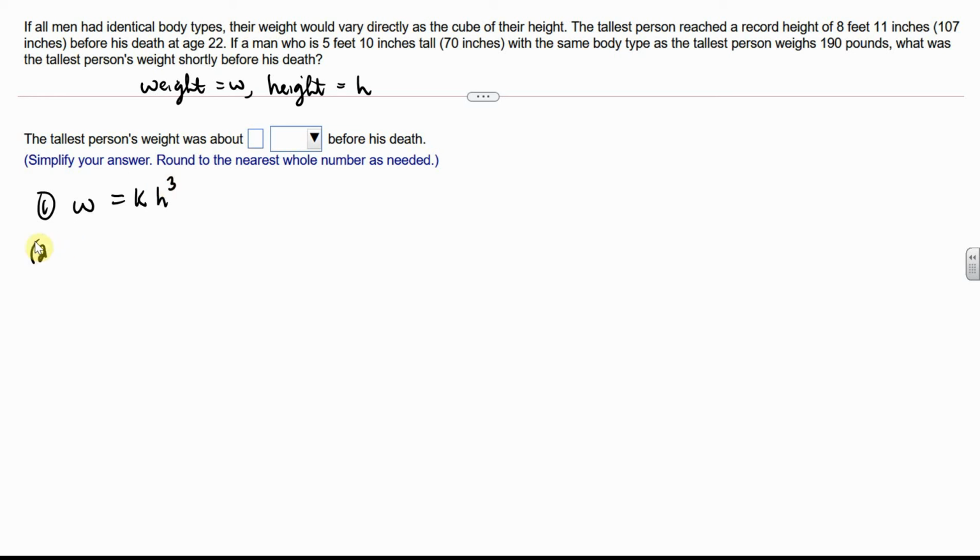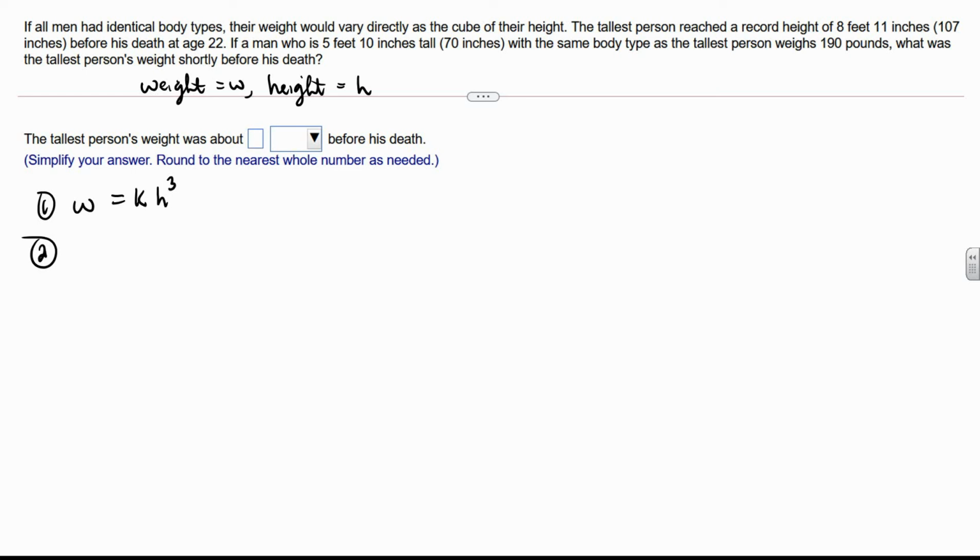So, step number 2. The tallest person reached a height of 107 inches. So we're going to be using inches. We'll take the feet and convert to inches. So the tallest person was 107 inches before he died at the age of 22.